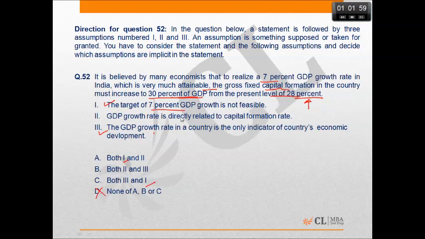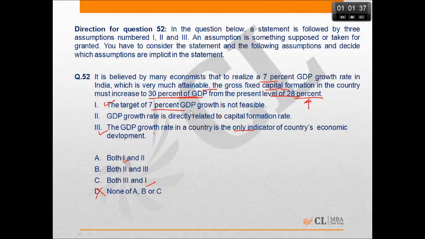GDP growth rate is directly related to capital formation, so it has to be either 1 and 2 or 1 and 3. Statement 3 says it is the only indicator of a country's economic development. I'll leave this one. I'm not sure if it is A or C, because both 2 and 3 relate to growth rate.